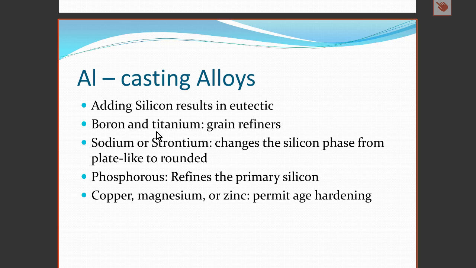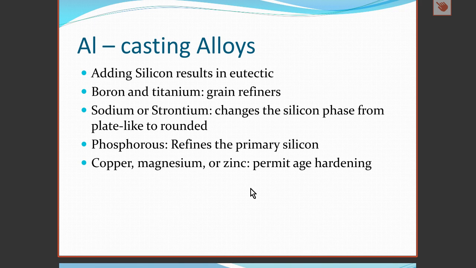Other materials may be added, such as boron and titanium, to refine the grain, and which results in grain size strengthening. And sodium or strontium are added to prevent the aluminum silicon phase from forming needle-like precipitates, and instead form rounded precipitates, and this reduces stress concentrations.